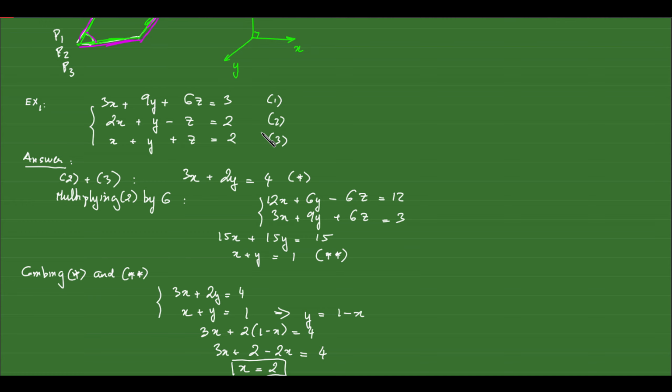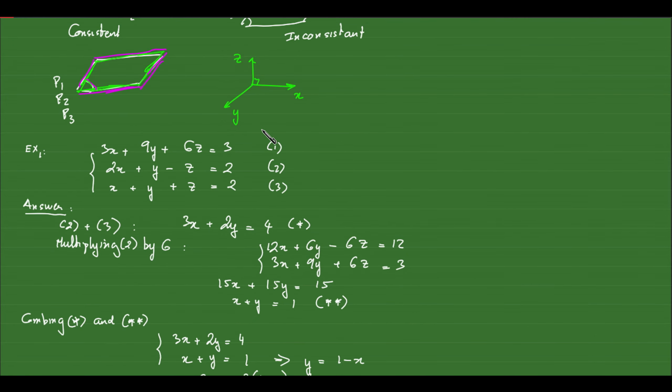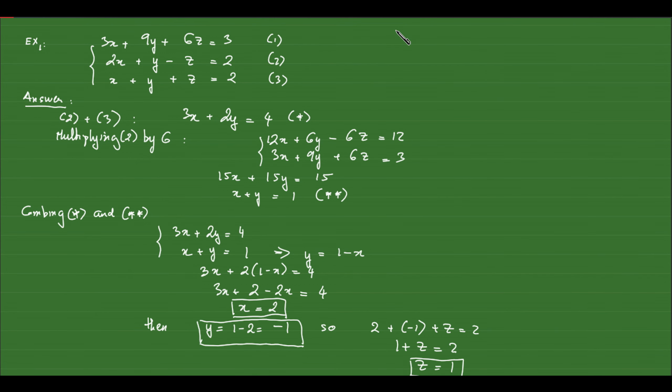Okay. Now let me give you another example. Let's see what's happening in the next example here. Let's see if we can be more flexible or not. Okay. So, example number 2 here.